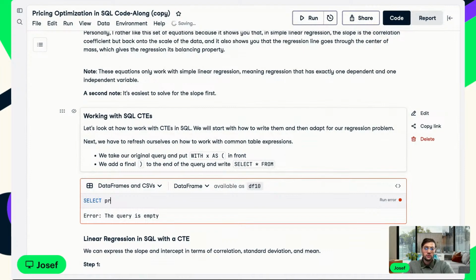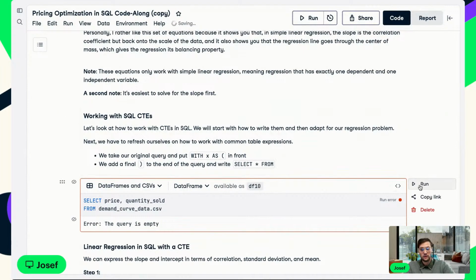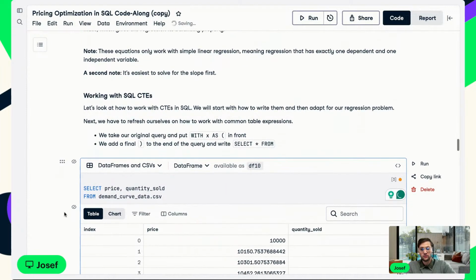We select price and quantity sold from demand curve data dot CSV. And I'll hit run. So this is our data frame you'll recognize.